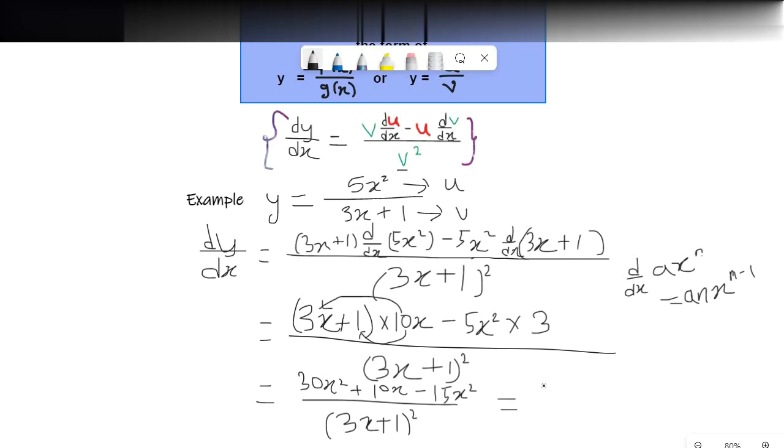Finally simplifying we get 15x squared, as we have 30x squared and 15x squared, so 30 minus 15 is 15, plus 10x, and divided by 3x plus 1 whole square.